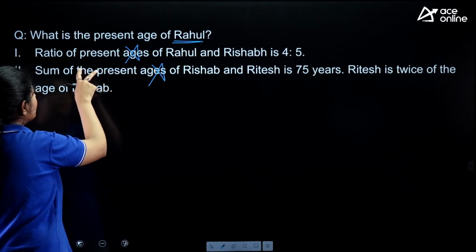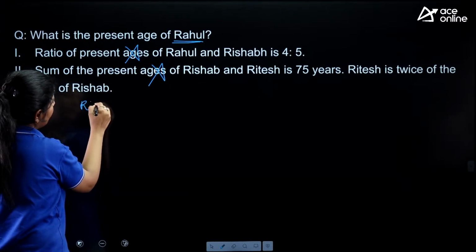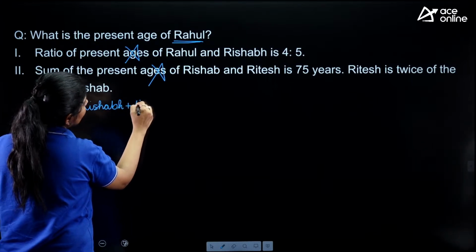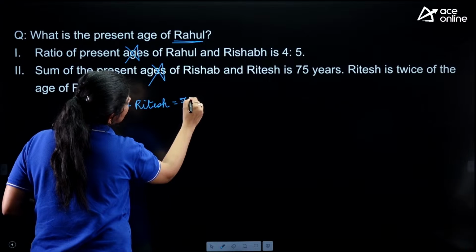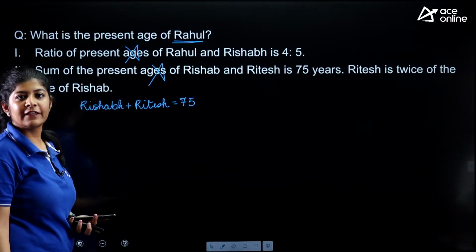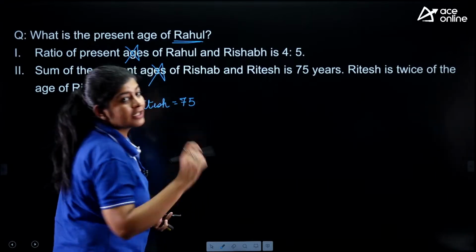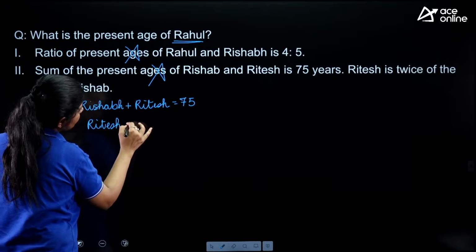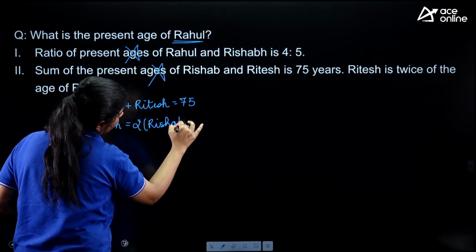So according to statement number second, the question is saying that Rishabh plus Ritesh, the sum of their present ages, is nothing but 75, right? And the question is also saying that Ritesh is twice of Rishabh, right?